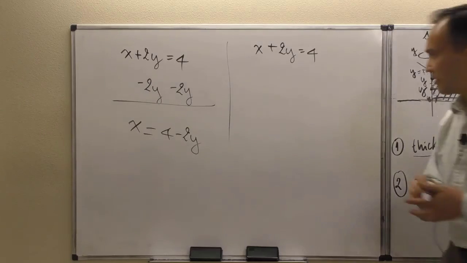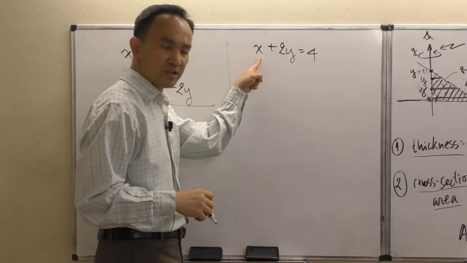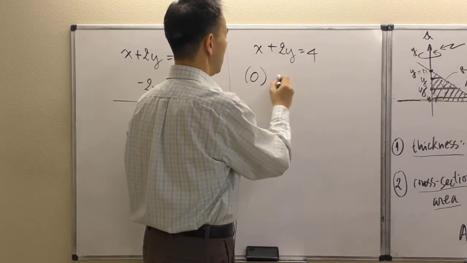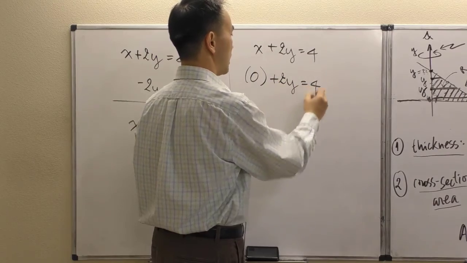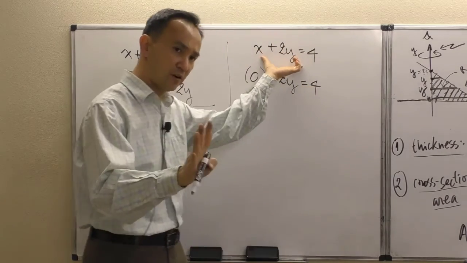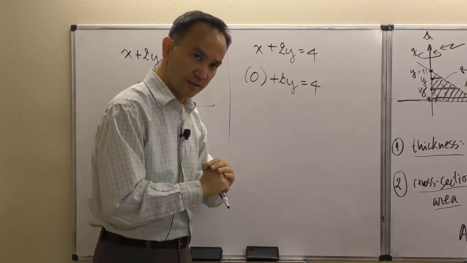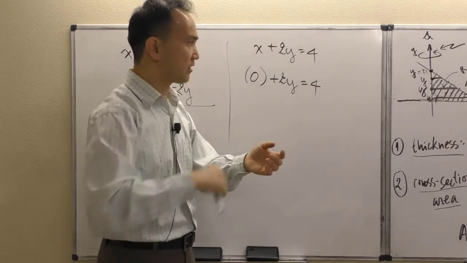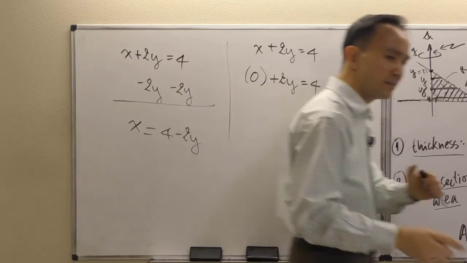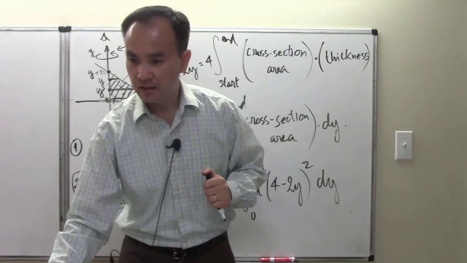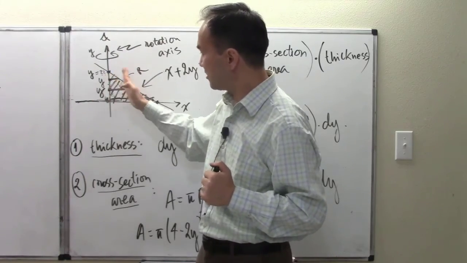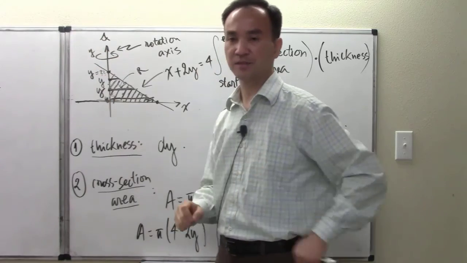So x equals 0 means I'm going to substitute x equals 0 into this equation. So 0 plus 2y equals 4. So consequently, from that equation given for the graph, we produce this because we want x equals 0, where that graph crosses the upper end of our region. It crosses the y-axis, okay?